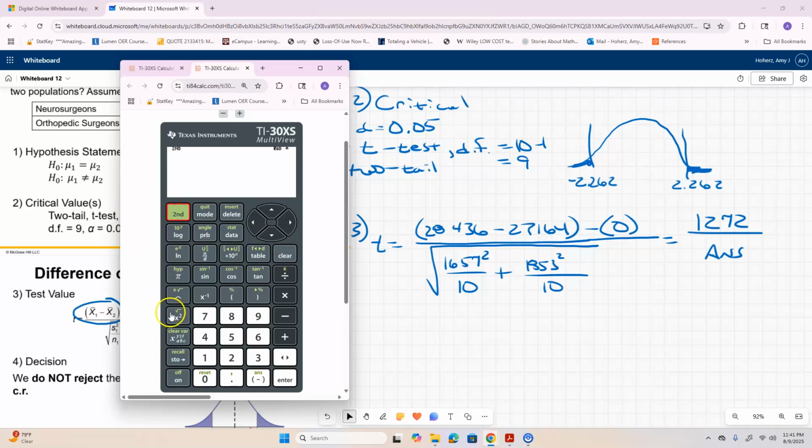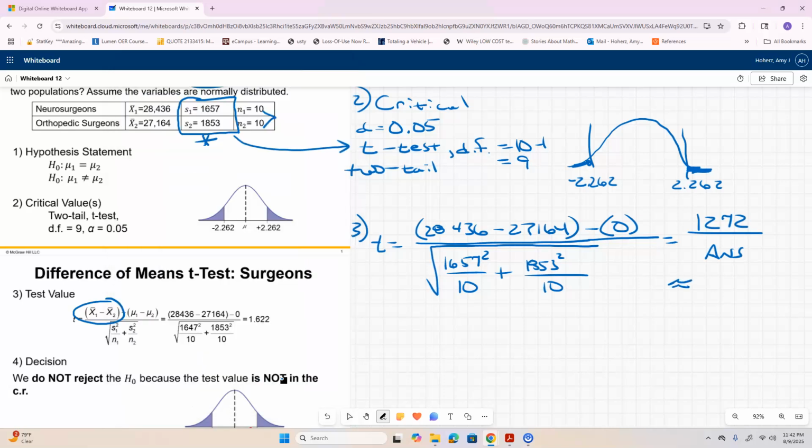We have square root of 1657 squared divided by 10 plus 1853 squared divided by 10, all under that square root bar, gets us that 786, and we're going to take 1272 divided by that answer. And that comes out to be approximately 1.622.